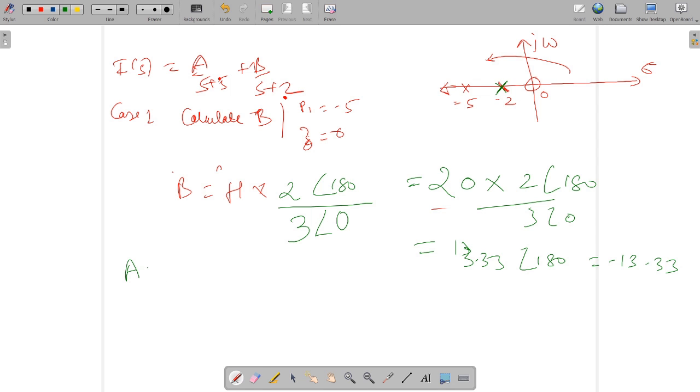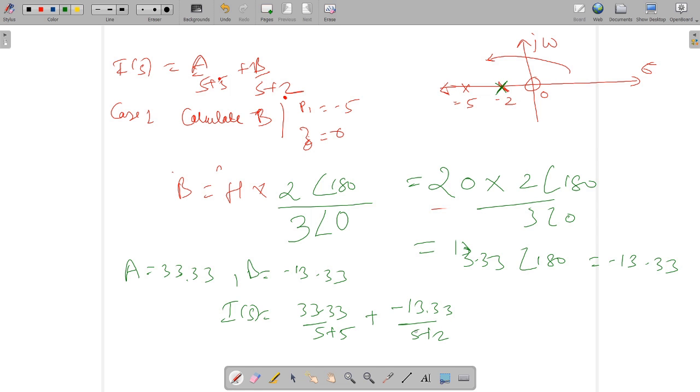So now you have A as 33.33 and B as minus 13.33. So what you have done, I of S will be equal to 33.33 upon S plus 5, then minus 13.33 upon S plus 2.